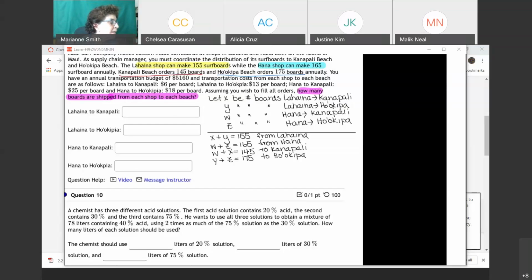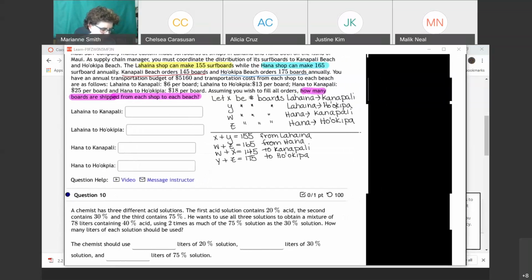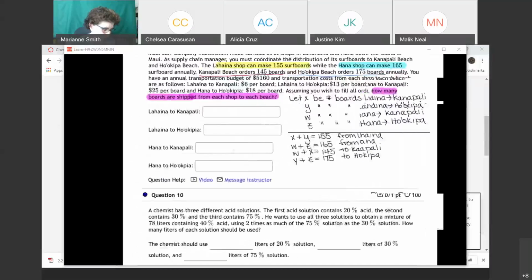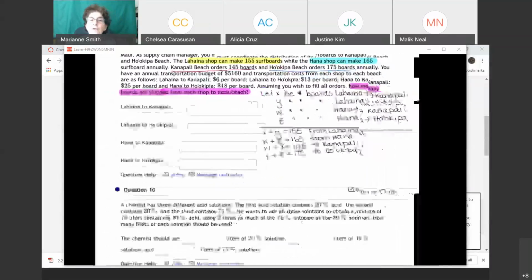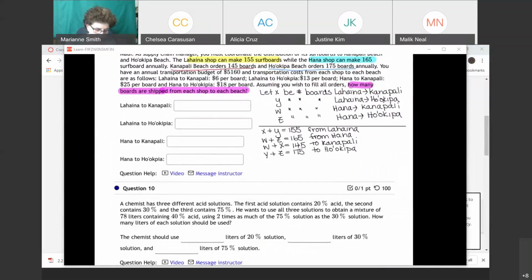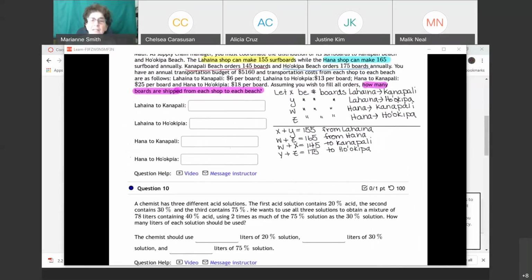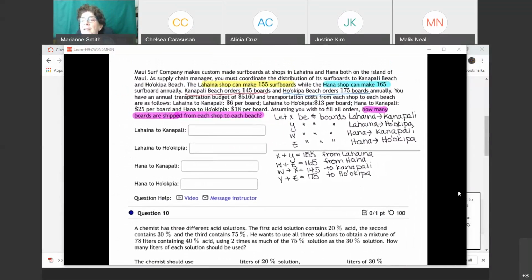Okay. And then there's one more piece of information, and that is the cost. Okay, so the cost of shipping is different for each place to each beach. Okay, so what I can do is look through the words in the problem, and then put the shipping cost next to each one of these. Okay, because it's different for each one.